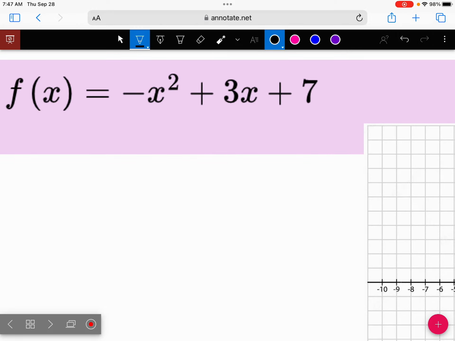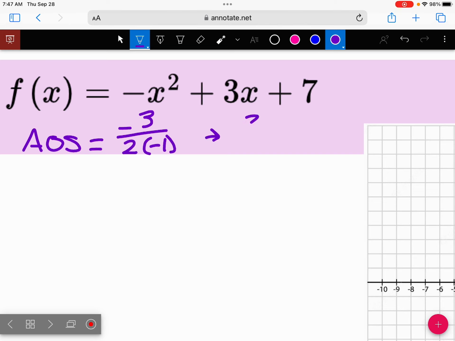We're going to find our axis of symmetry. That's our place to start. So we're looking for our opposite of B. Our B here is 3 over 2 times A, which is -1. So what we wind up with is 3 halves, or 1.5. Gross.